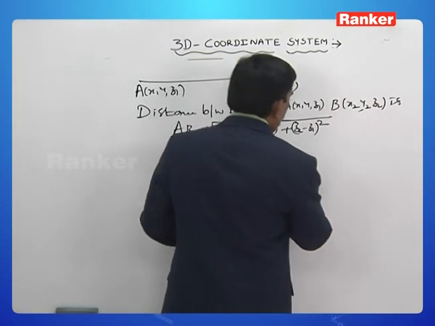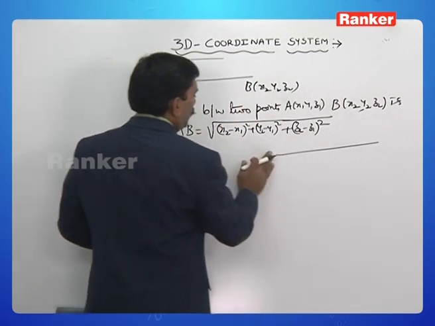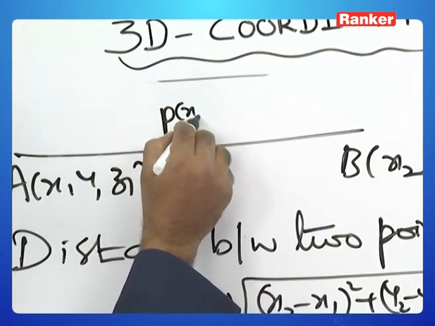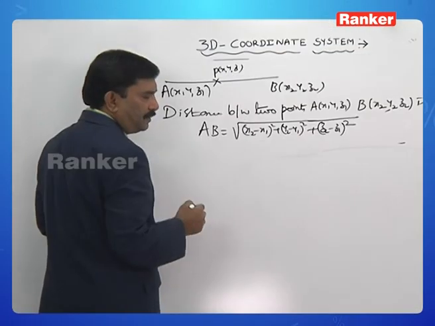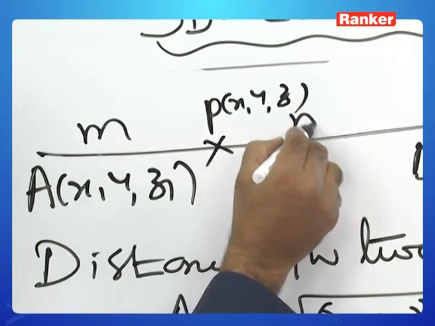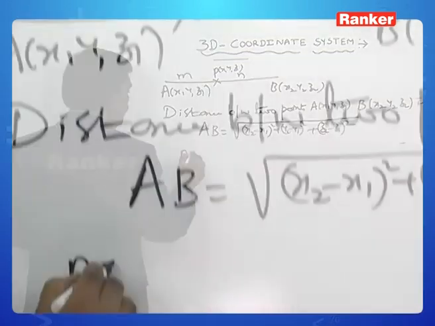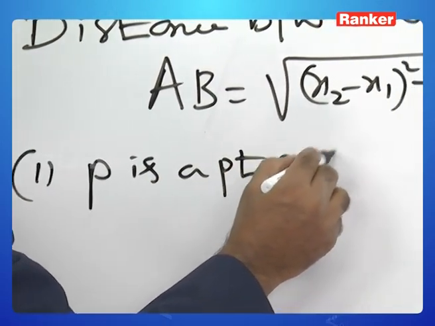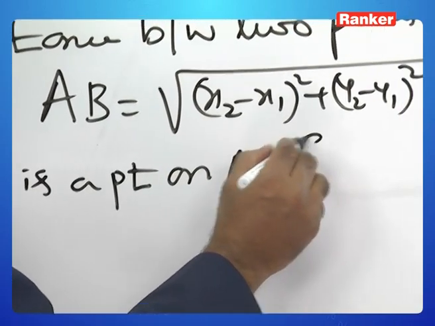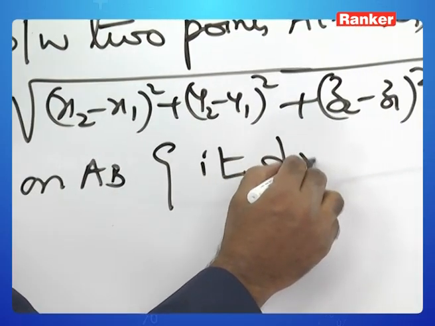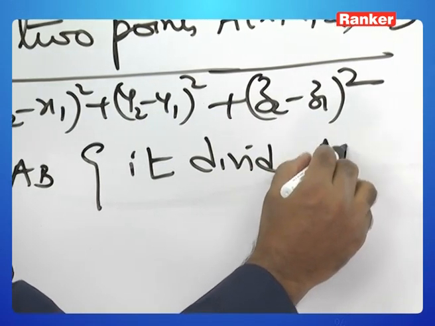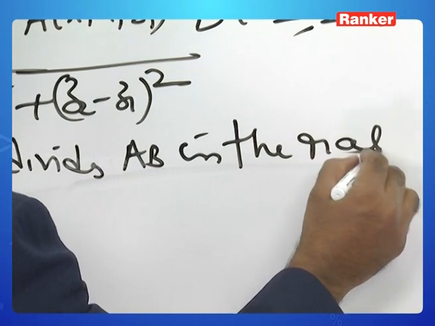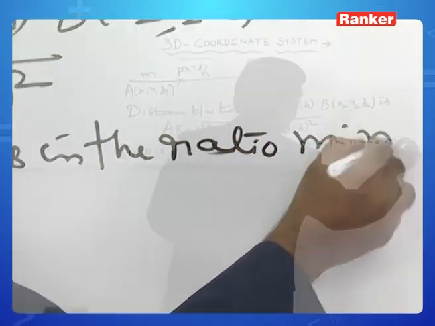Say for example, if I take a point P(x, y, z), and it divides in the ratio m is to n, I can write P is a point on AB and it divides AB in the ratio m is to n.